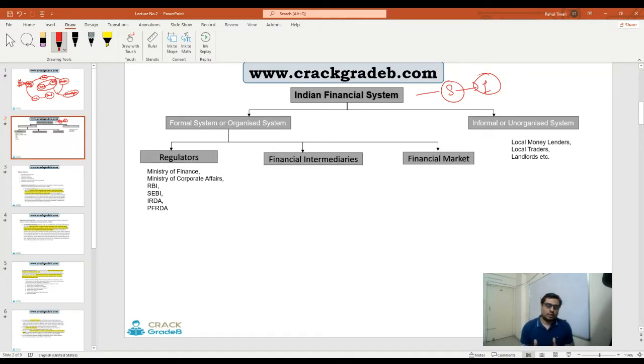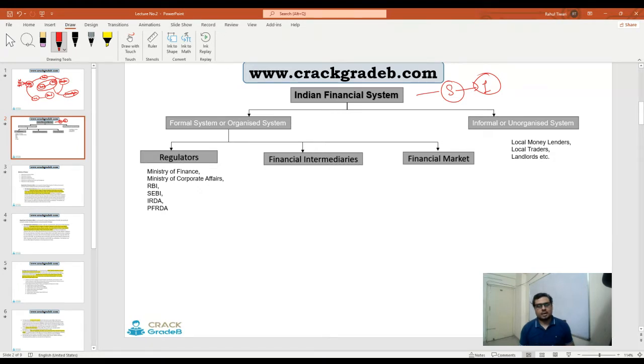Because of the presence of a huge informal system, sometimes the policies made in context of RBI's monetary policy or implemented by the government of India face a lot of hindrance and problems in implementation. Why?